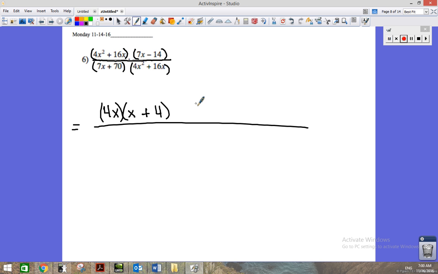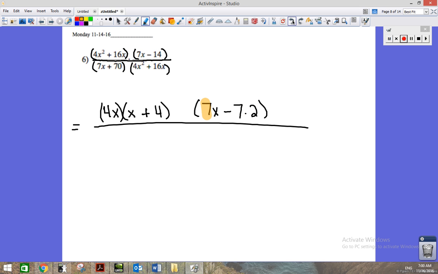I want to rewrite 14. 14 can be rewritten as 7 times 2. So I see that this first term has a factor of 7 and the second term has a factor of 7. These 7s are common to both terms, so we refer to that as a common factor.